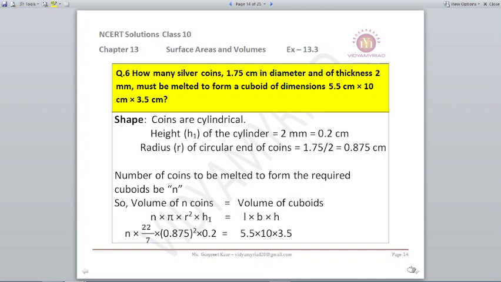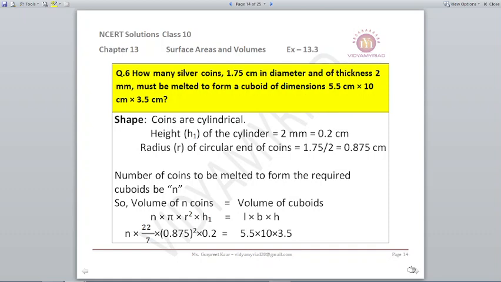Now we are told that coins will be melted to form the required cuboid. So how many coins need to be melted? Let it be n. So n into the volume of a cylinder, pi r square h, will be equal to the volume of the cuboid, that is L into B into H, which is given to us as 5.5 into 10 into 3.5.